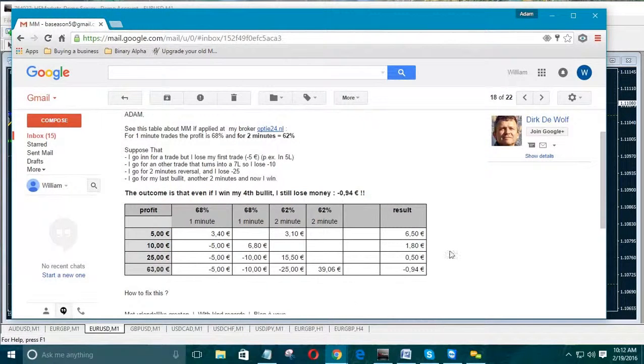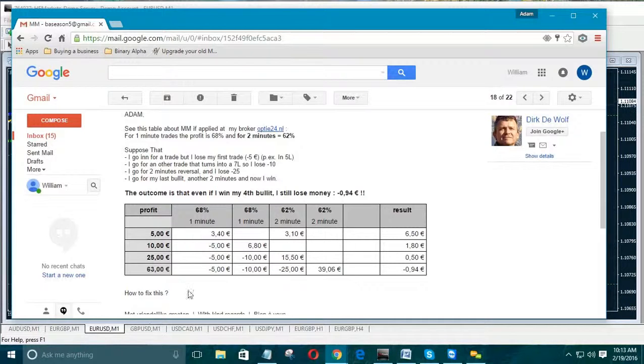Yeah, so if that's the percentage of payout, we base this 5, 10, 25, $63 off of 70% payout. So you have to just work with the numbers to change the payouts there. Maybe it's $5, I don't know, maybe it's 13 or something here.